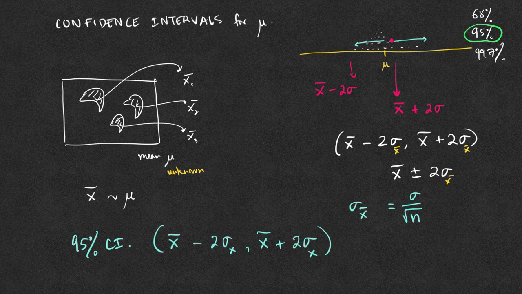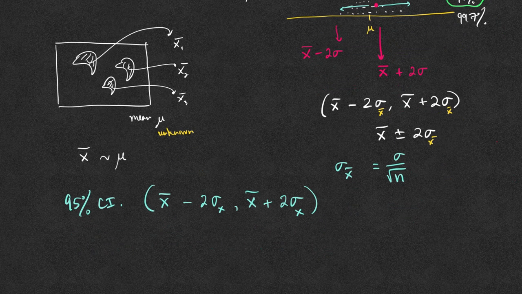In this case, with the 95% confidence interval, after we construct the confidence interval, we state that we are 95% confident that the unknown population mean mu falls within 2 standard errors of the mean.